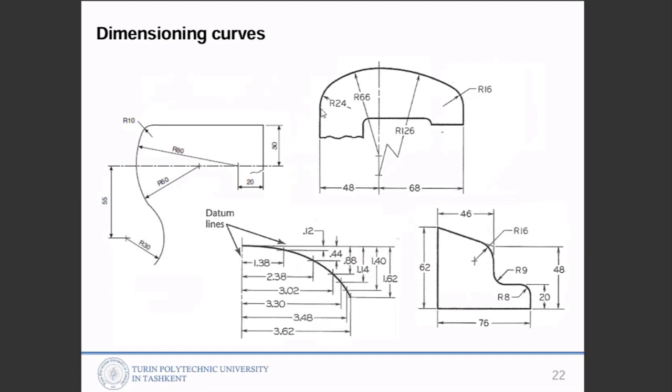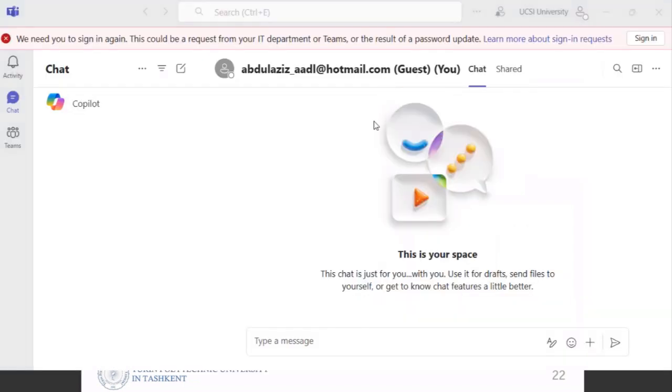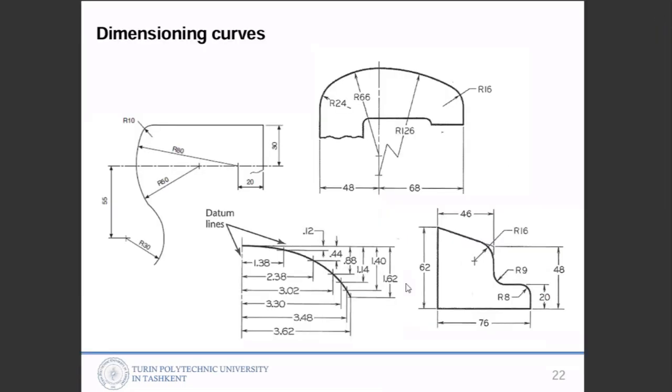Curves can be shown with many radii. These arc radius reference points should be shown with respect to some reference point.